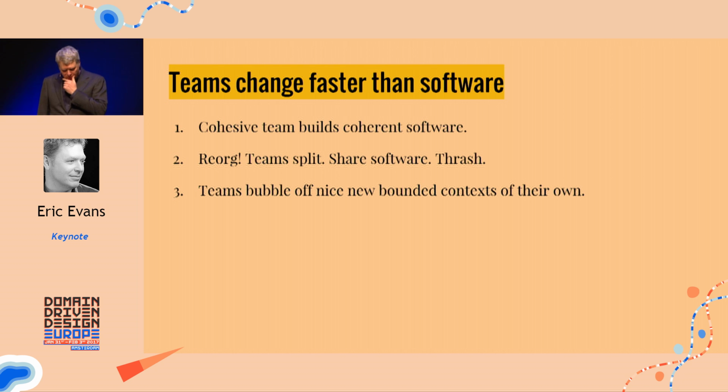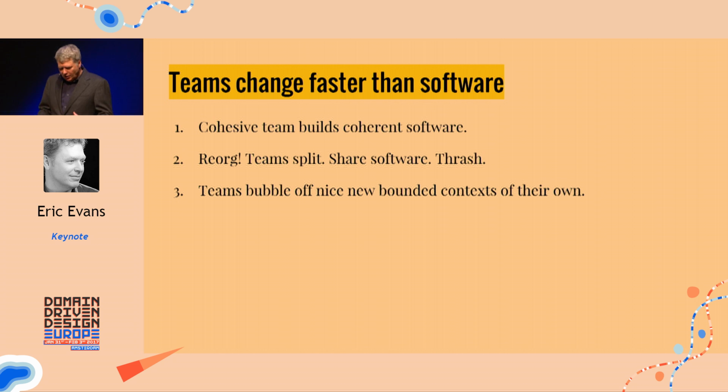So I guess I'll review a little and then wrap up. There is a cycle that happens, I suppose, where a cohesive team will build some coherent software in a well-defined context. But then a reorg happens, or the original team moves on, and the new team doesn't quite understand it. Anyway, the software starts to degrade, and eventually can't really do what you need it to do. You can't innovate around it the way you'd like to.